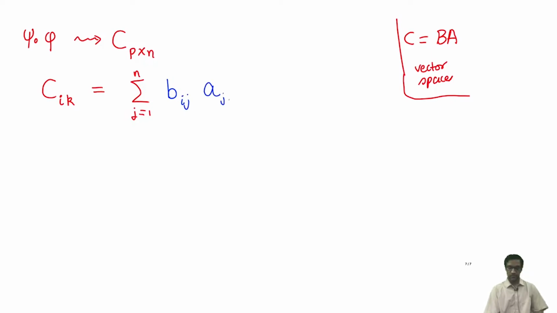This is what you would have wanted to write in the case of vector spaces, but in this case it doesn't occur like that, it occurs in the other order. Which means that this A actually occurs on the other side, so I need to push this A over to the other side. Okay, so that's the form of the answer here.